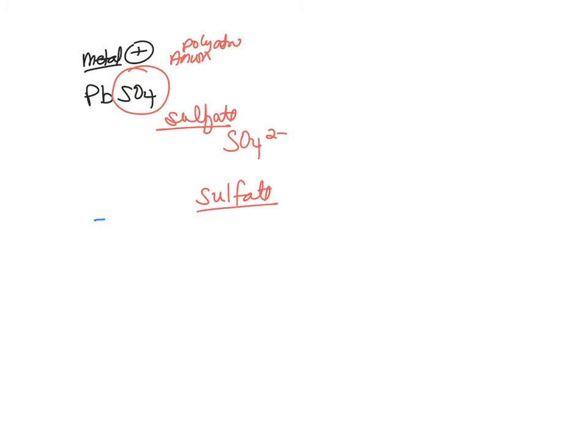But we have to figure out what our metal is. Pb, what is Pb? It's lead. This is where you need to know your group number. Lead is a transition metal, and transition metals can have different charges, so they're going to need parentheses for the charge. And this has to sum to 0.